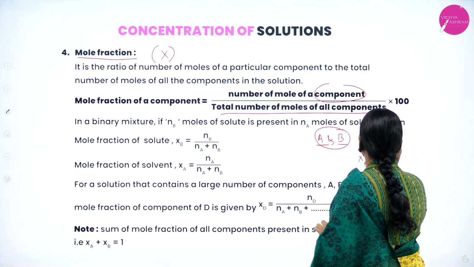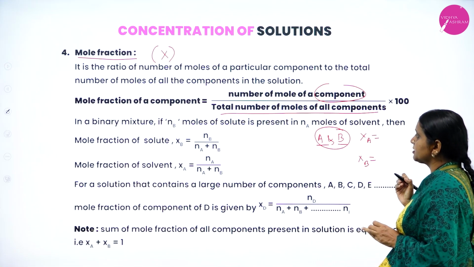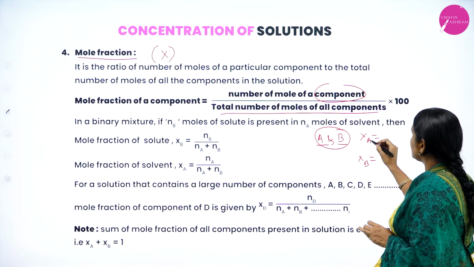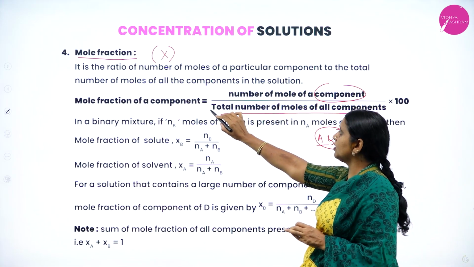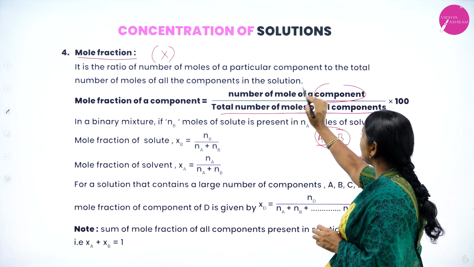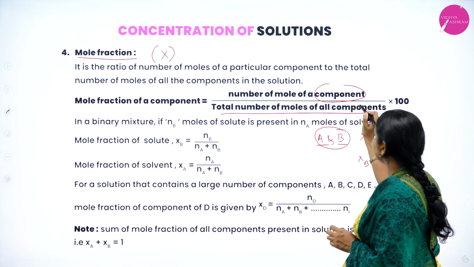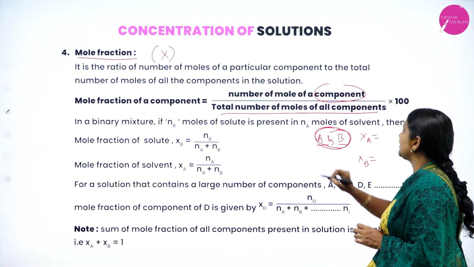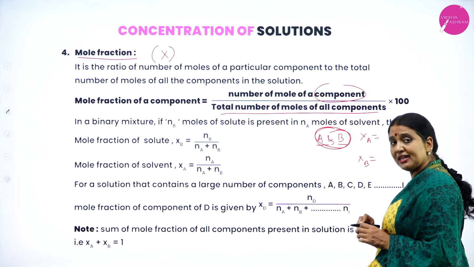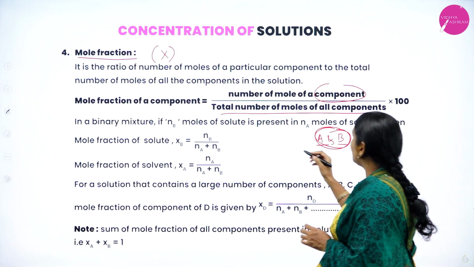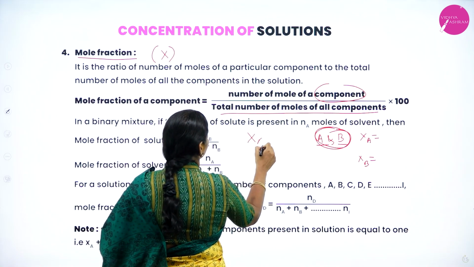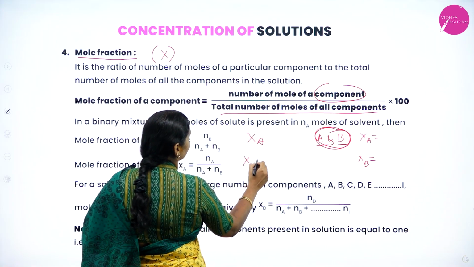XA: from the definition, what is mole fraction of that component? Number of moles of that component divided by total number of moles of all the components. What are the two components present in the mixture? A and B. Now I am finding the mole fraction of component A and of component B.